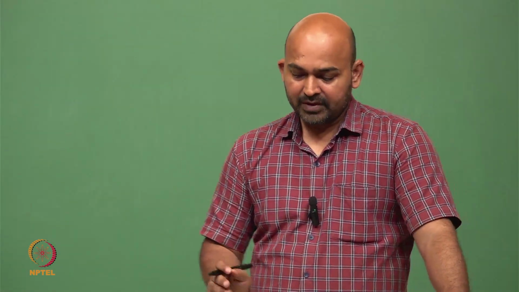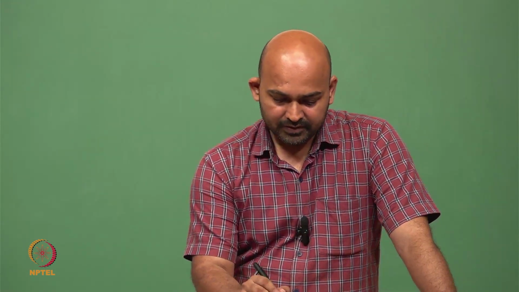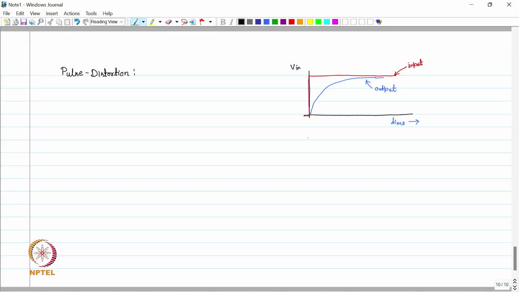But if my input frequency is high, for example, I have the same input, but now instead of remaining high for a long time, it comes back. So this is my input.